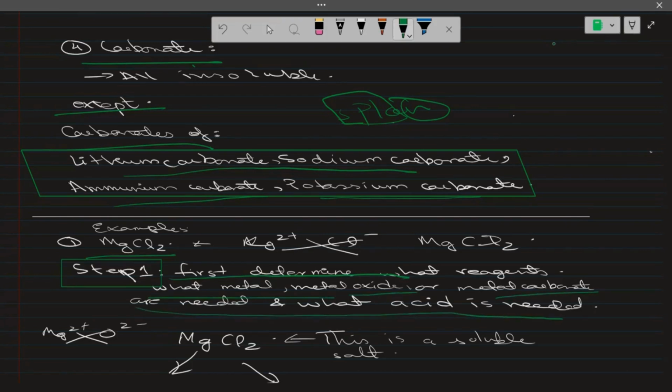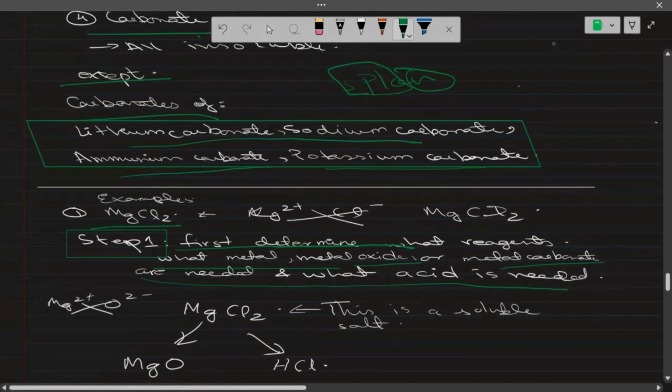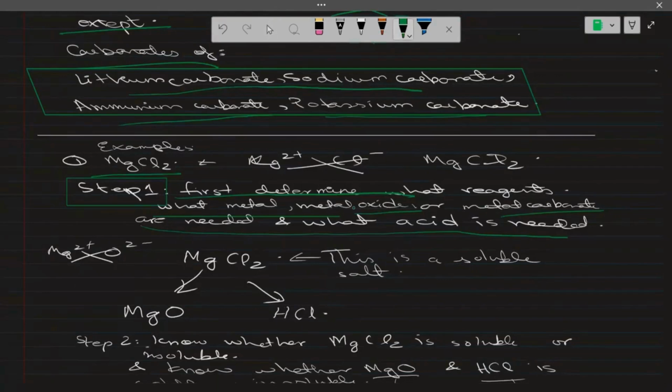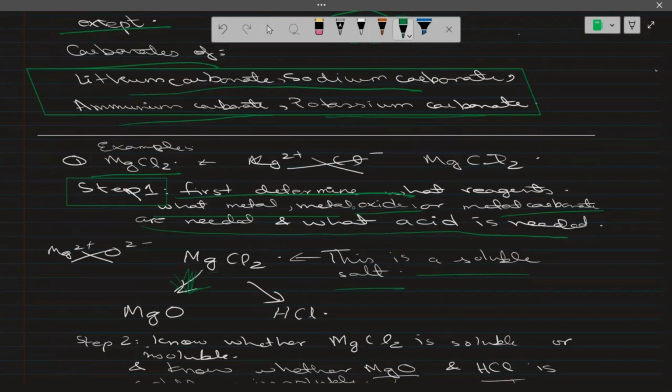How will we find this? First of all, we see if the salt, magnesium chloride, is soluble or insoluble. We know that it's a soluble salt. So we think about which category it comes in: magnesium oxide or magnesium carbonate. First of all, we'll try magnesium oxide.